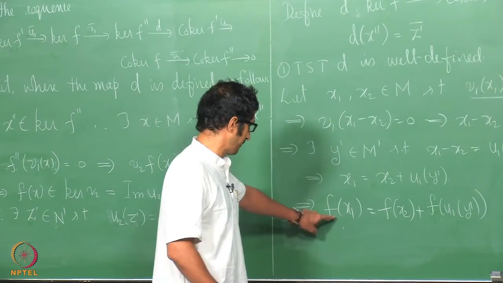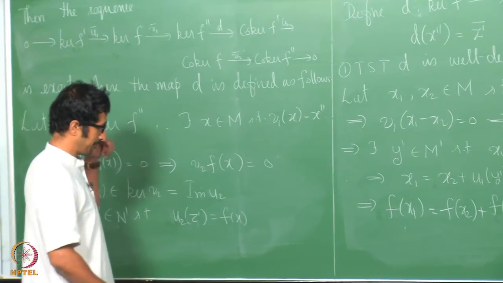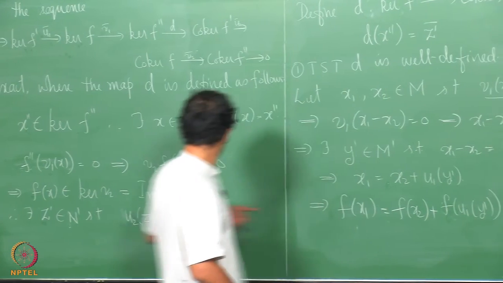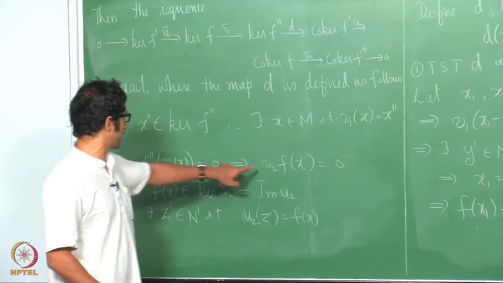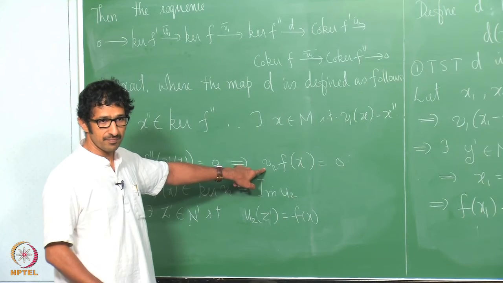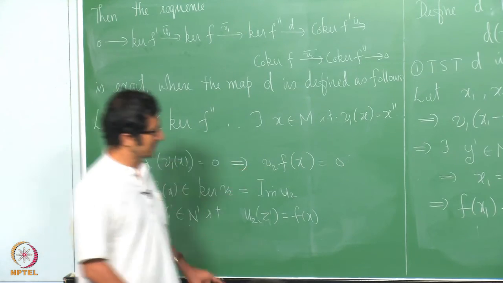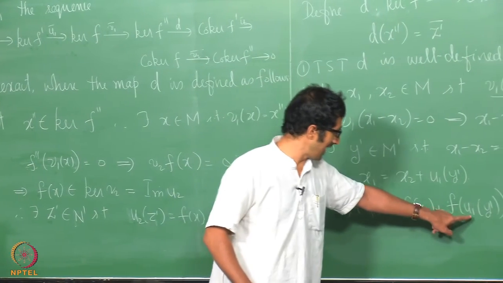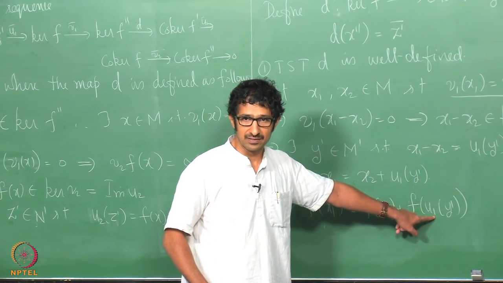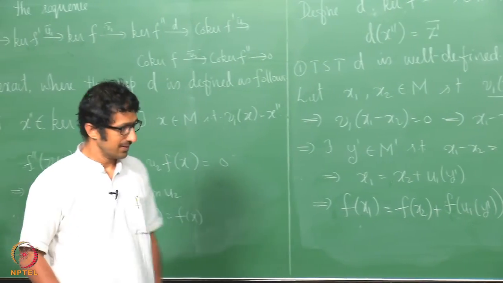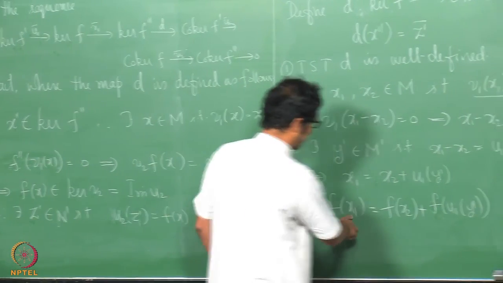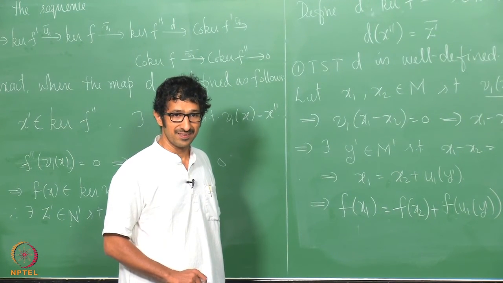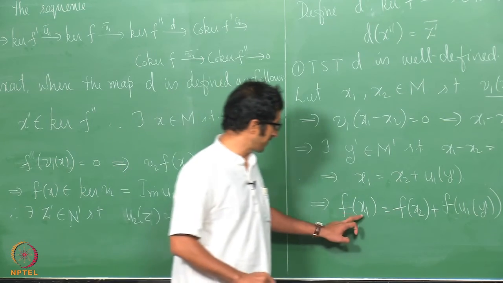Now see, f of x is anyway in the kernel of V2, because f of x1 and f of x2 both are in the kernel, and this is also in the kernel. See, what is f of x1?